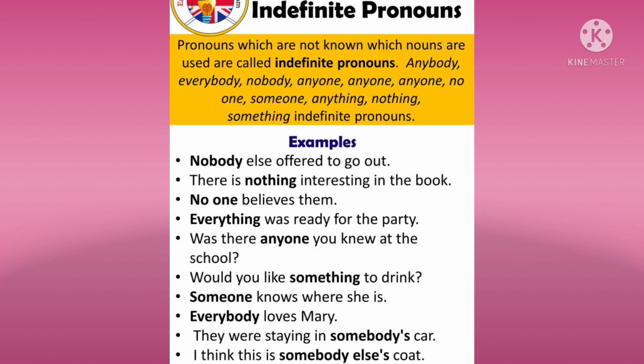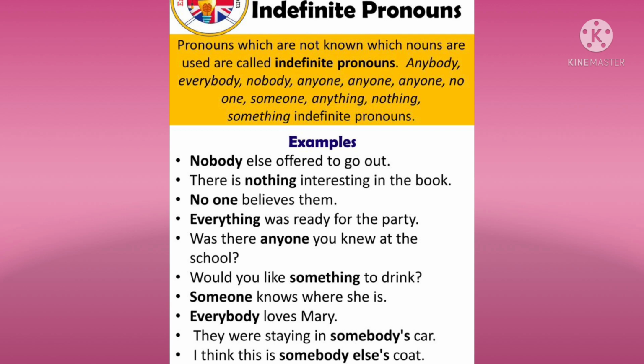Anyone means anyone. So at that time I am not specifying any particular person. So my indefinite pronoun cannot replace the noun. These pronouns do not tell us which noun they replace. That's why they are called indefinite pronouns.